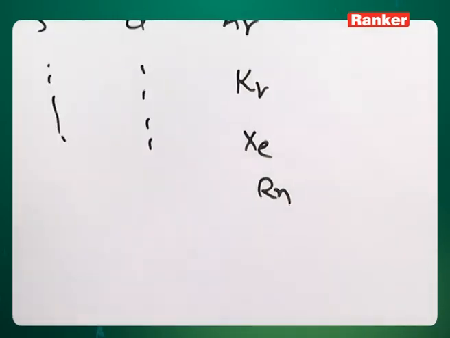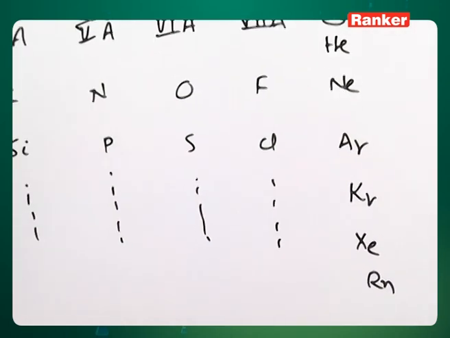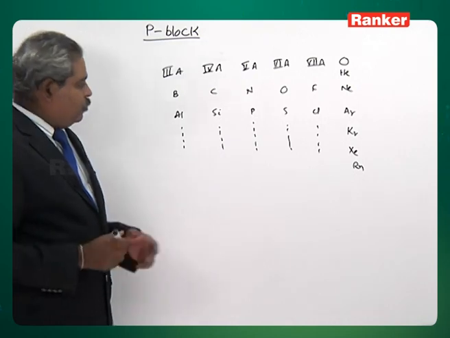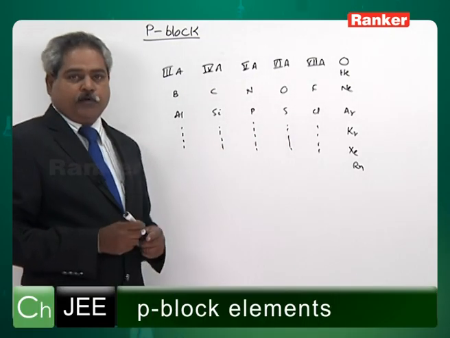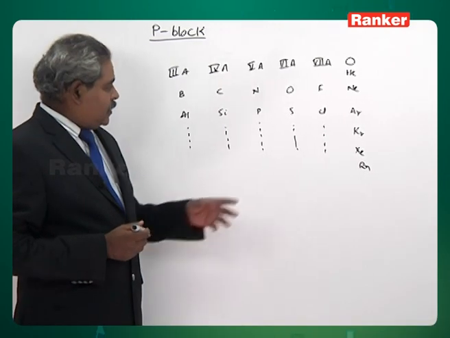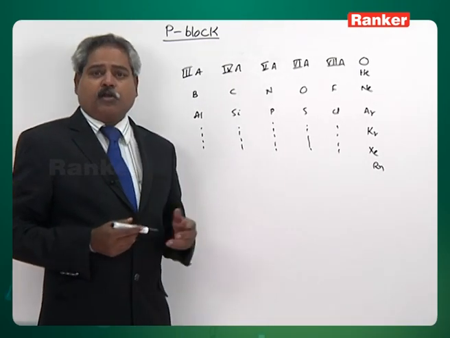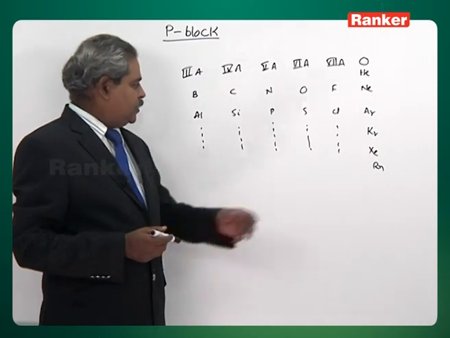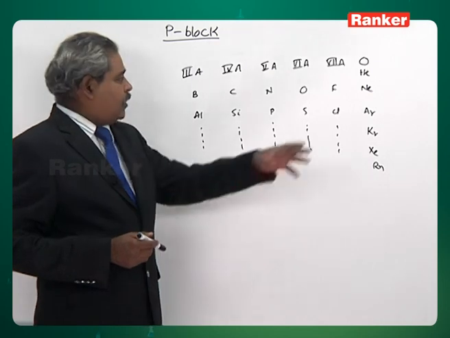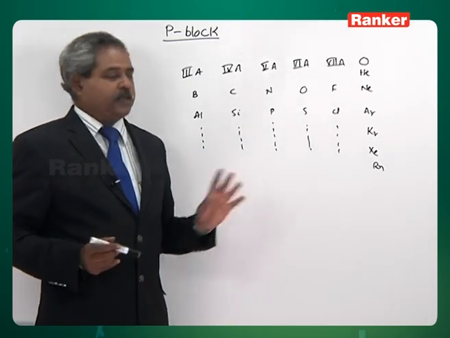They are noble gases and their chemistry is not of any interest, though some of them form compounds, especially xenon forms compounds, and the compounds of xenon are not very much useful. So, there is not much excitement in 0 group, and all others, they are simply gases, inert gases.